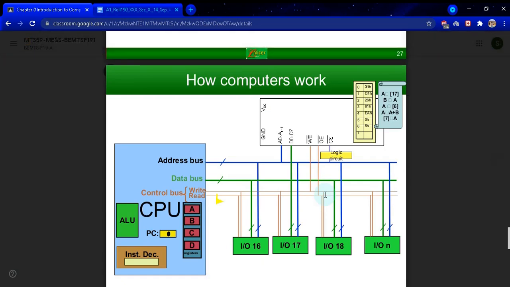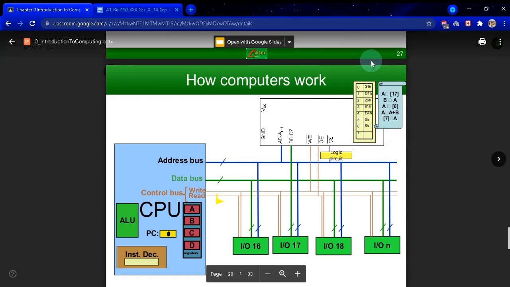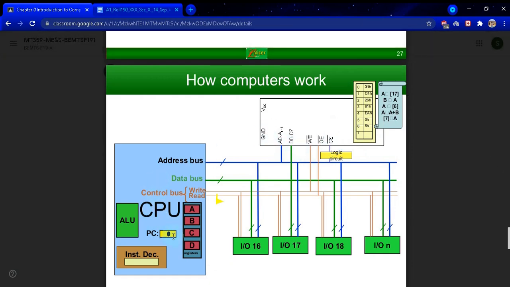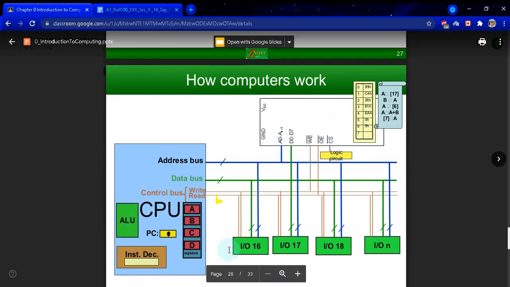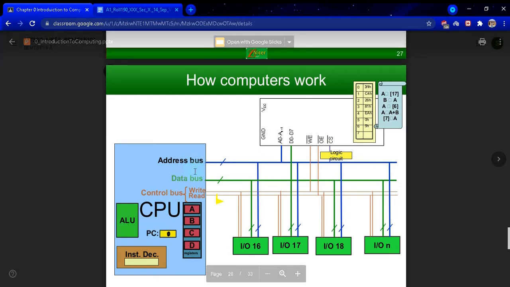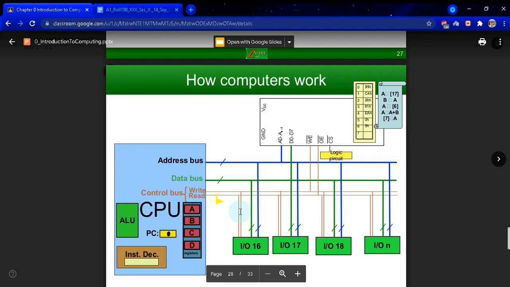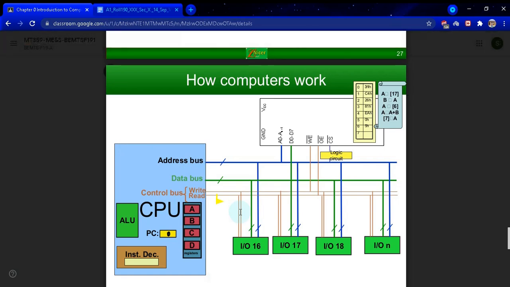Here is a circuit diagram of a CPU, in which we have a memory, and here is our CPU, which consists of the four components I discussed earlier, and there is an address bus, a data bus, and a control bus. The address bus allows the CPU to send the address to the RAM.